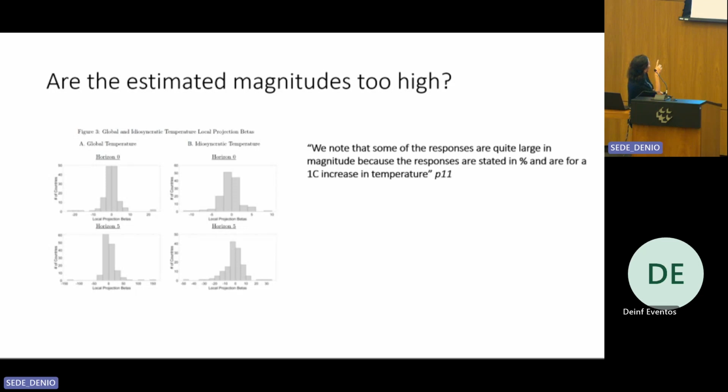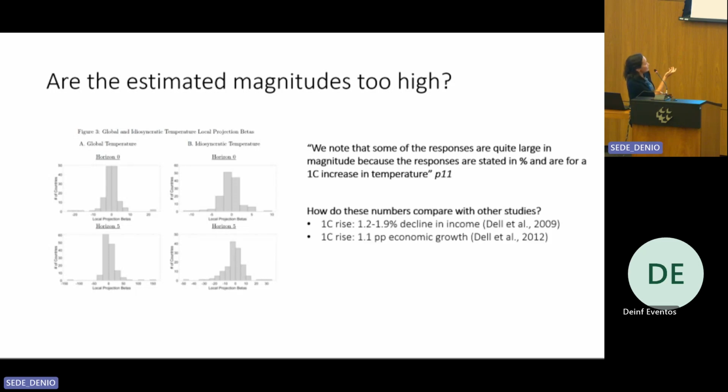And perhaps you don't see it, but the responses seem to vary between 10, 5, 20, so like 10%, I'm assuming. But then when you compare them to the other papers, in the other papers they say a 1 centigrade rise is associated with a 1.2, 1.9% decline in income.